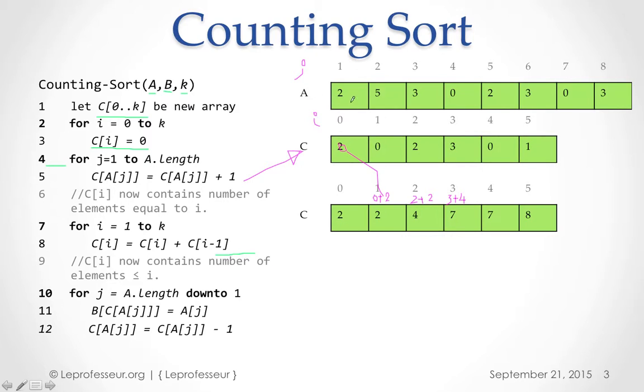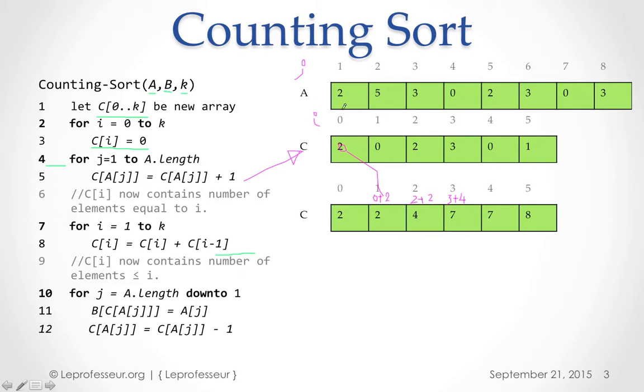Let's see 0. 1, 2, the 2 elements. Now let's look at, for example, 3. C of 3 is 7. It means that we have 7 elements which are less than or equal to 3 in the input array.